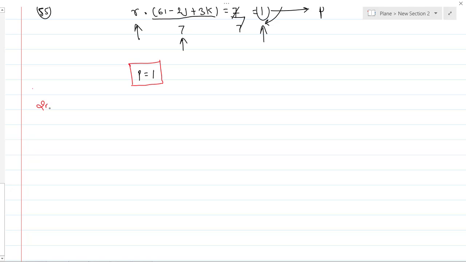So the second approach is, see here, the given equation of plane is 6x minus 2y plus 3z minus 7 equals 0.